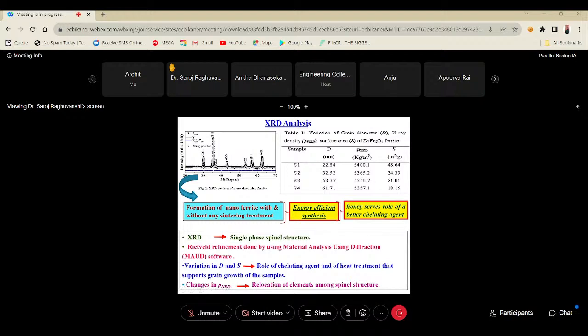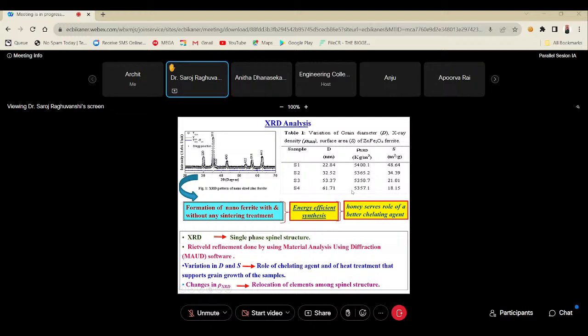Now let us come to the result and discussion part. Here, this is the representative diagram of the XRD of one of these samples. It clearly represents the formation of nanoferrites in dry gel form as well as after the heat treatment. The observed changes in the grain size and the surface area clearly represent the role of the chelating agent, and the growth of the grain size shows the effect of heat treatment.